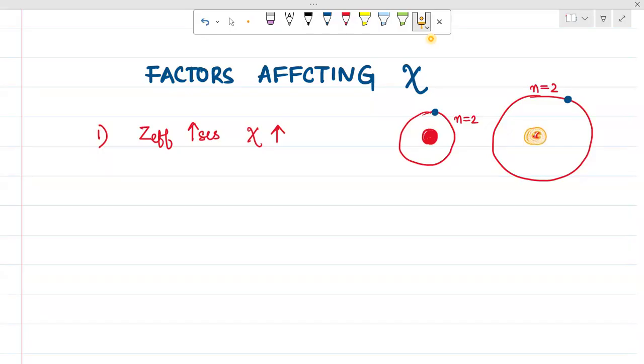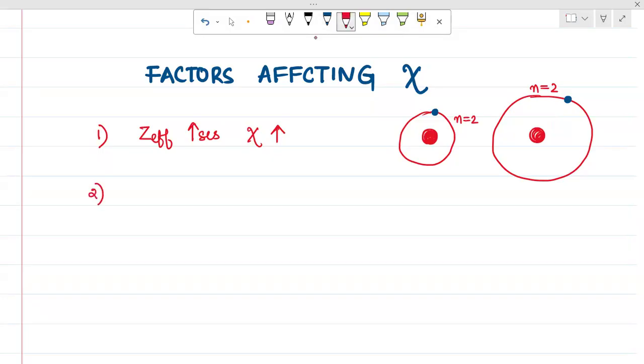Here, the nucleus is not that strong, or does not have such effective nuclear charge to pull the electron, and hence it is larger. So Z effective and size are already related, we know that. Apart from that, Z effective is also related to electronegativity, right? If you have a very strong nucleus, the shared pair of electrons will also be pulled strongly.